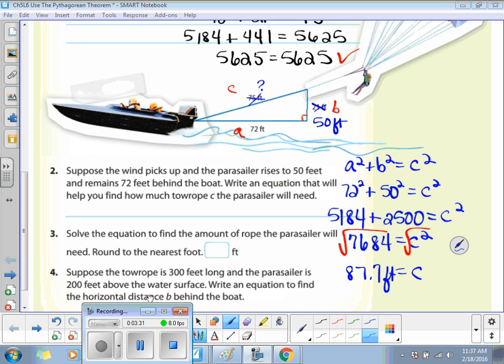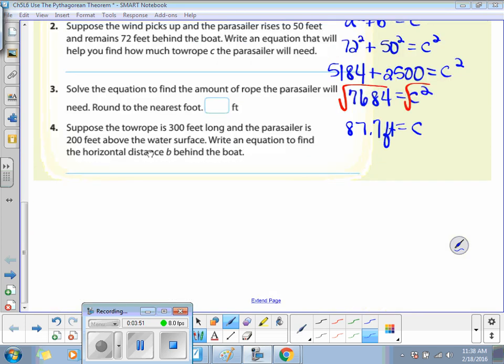He's still 72 feet behind the boat. He went higher to 50 feet, and we want to know how much tow rope C he needed. So when we did that, we ended up with 87.7 feet for C. Got it? Very good. Oh no, wait, I skipped one. Solve the equation to find the amount of rope the parasailer will need. So we did that. That's going to be 87.7 feet, right?